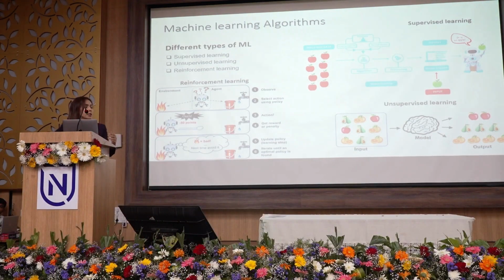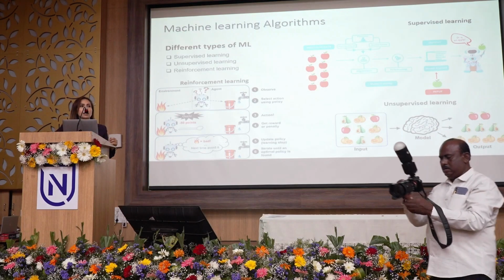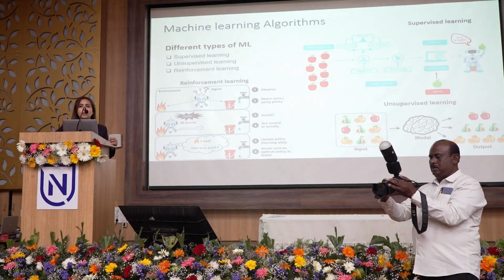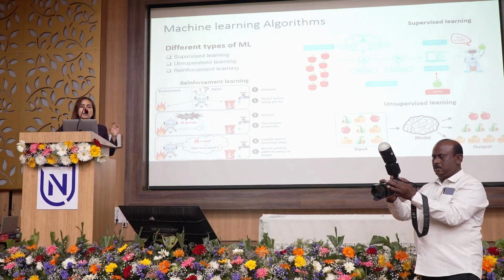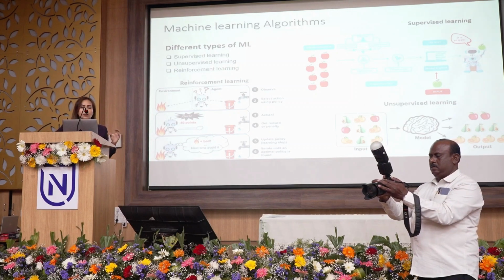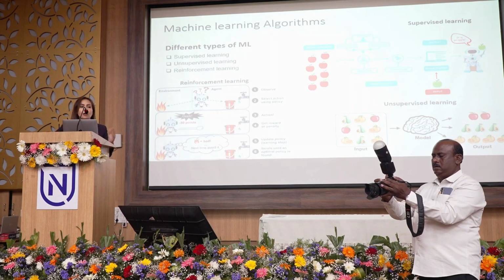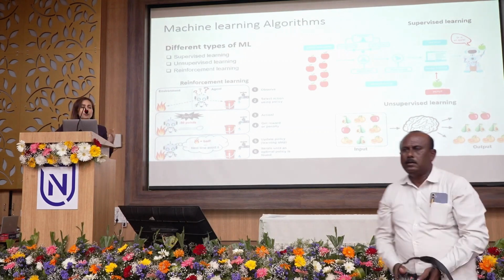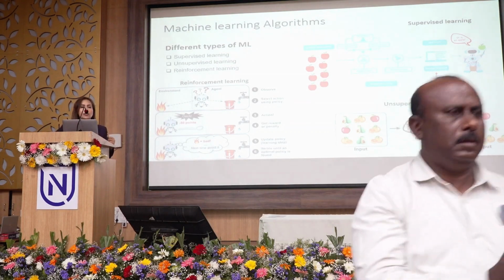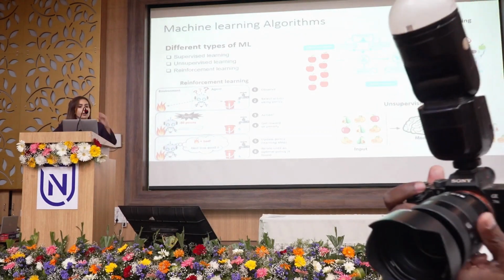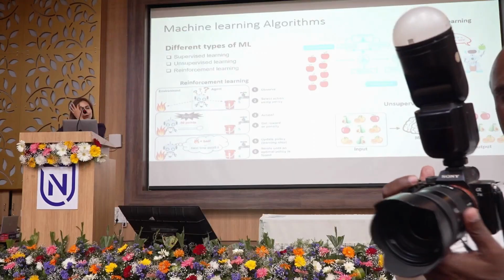For unsupervised learning, we provide the data, but we don't provide any labels. And still, the machine can come up with some similar patterns, and can cluster based on those similarities between the data, and also based on the differences between the different clusters. For reinforcement learning, it's even harder.